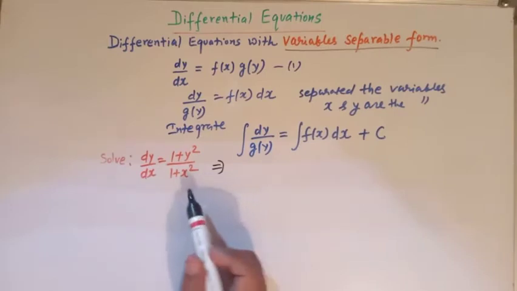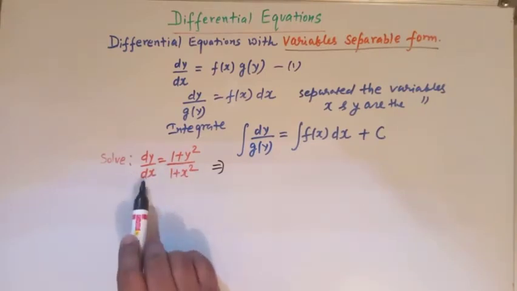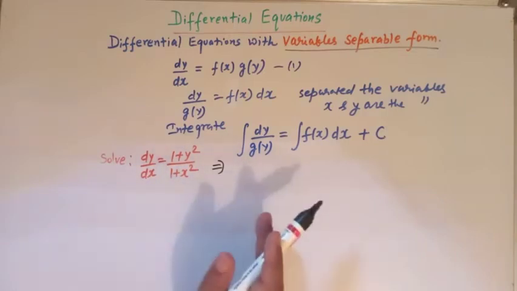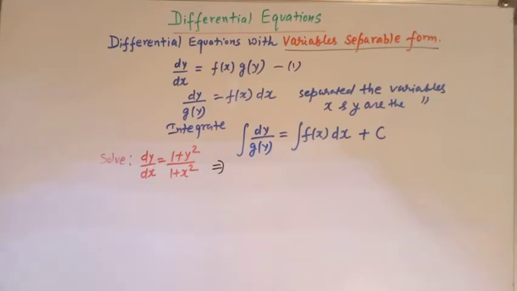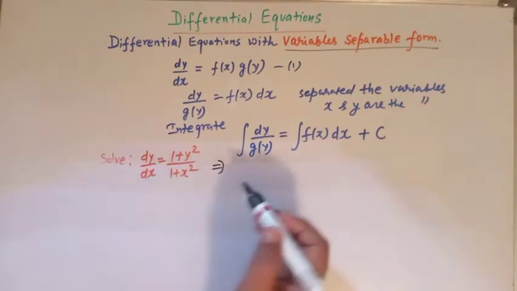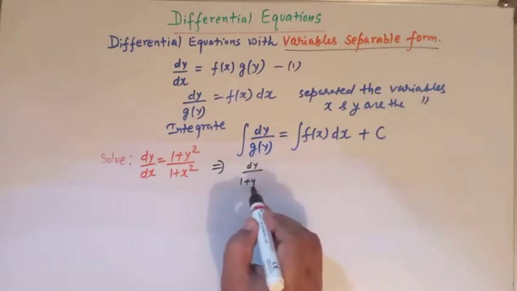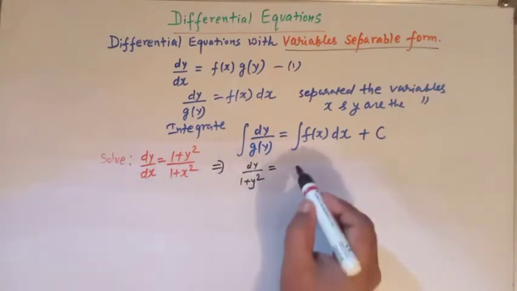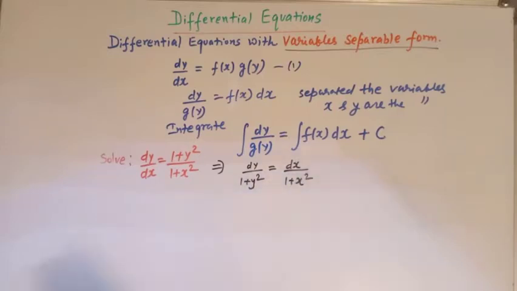So here we collect the terms containing x variable to one side and the terms containing y variable to the other side. So let us do it. So here we have dy over 1 plus y square. By separating the variables, now we have here dx over 1 plus x square.